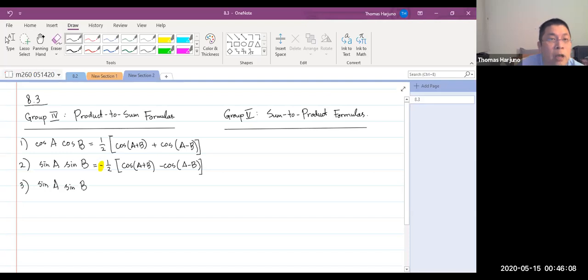And then sine A cosine B is 1/2 of sine sum plus sine difference.